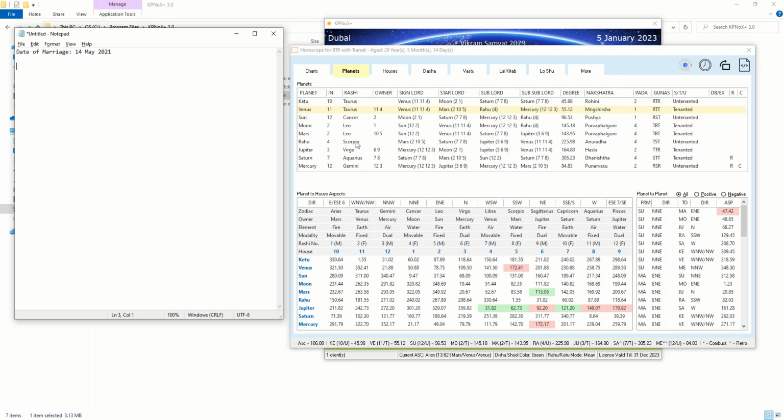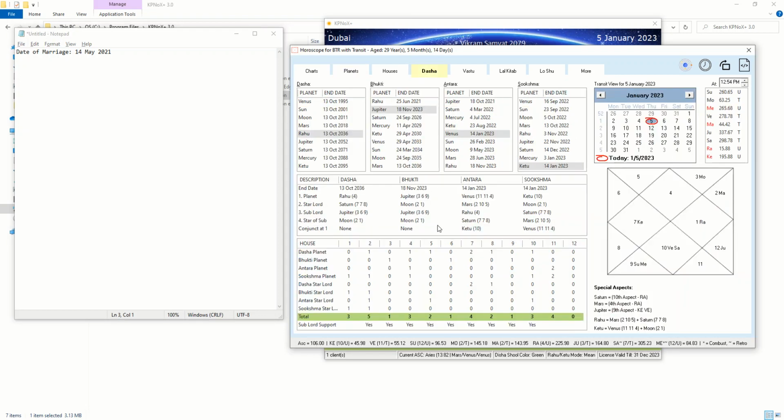Now, we know the planets that are capable of giving marriage. The first thing is to look at the dasha, whether the planets which were active in DBA in this particular time frame were capable of giving the marriage. So it's Rahu dasha, and in that we are talking about Rahu Bhukti, because please keep in mind these are the end dates.